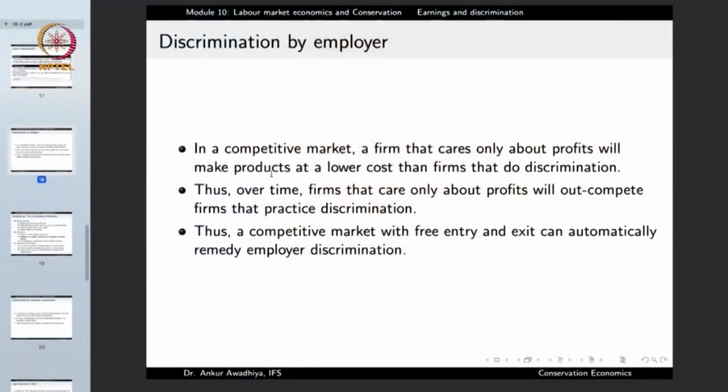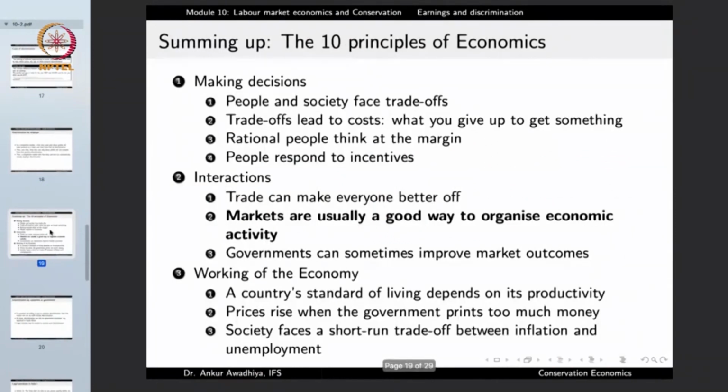They will outcompete those that are doing discrimination. And in a short while, we will see that the market is only occupied by those firms that are not doing any discrimination. So the market has a way of tackling discrimination by the employers, which is also why we say that markets are usually a good way to organize economic activity.